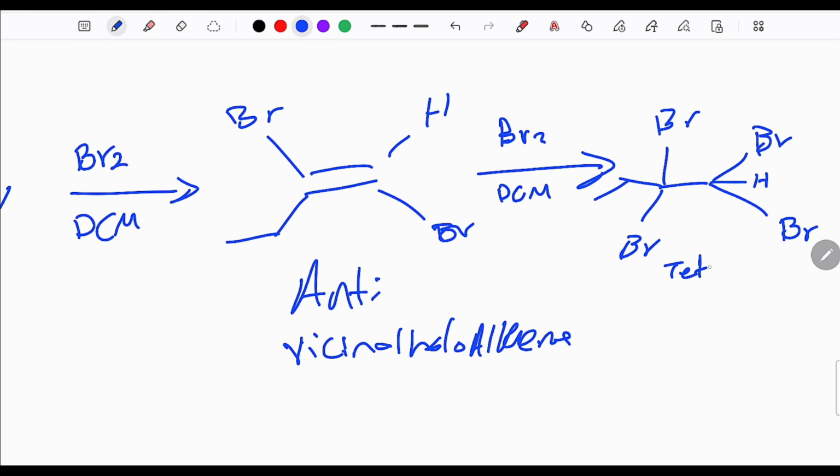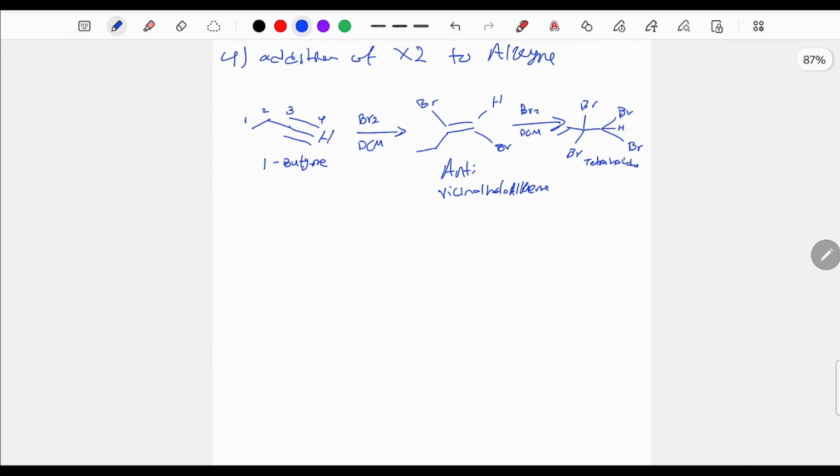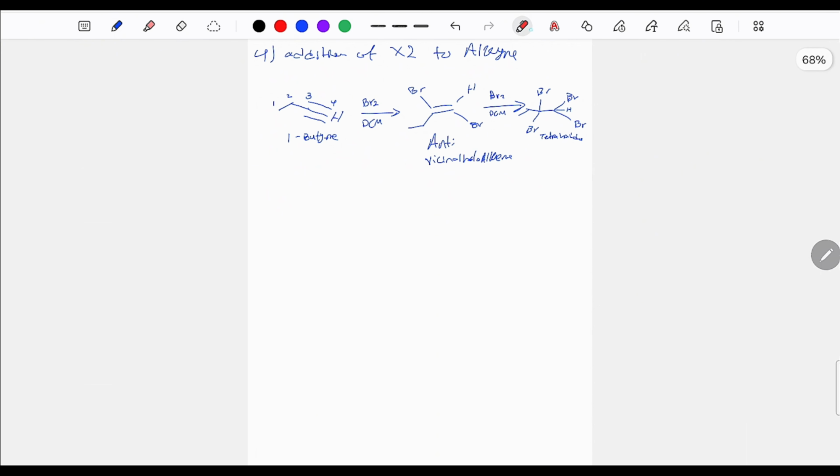So again, tetrahalide product. As you can see, an alkyne can be turned into a vicinal haloalkene or a tetrahalide. In this case, a tetrabromobutane. And in this case, a 1,2-dibromobutene.